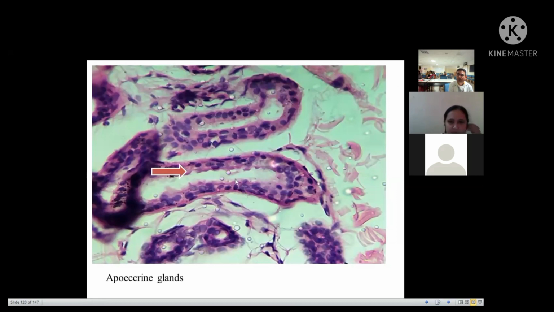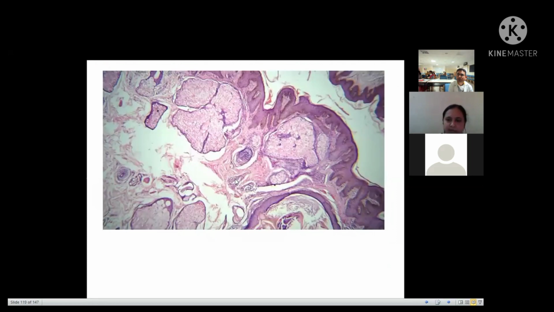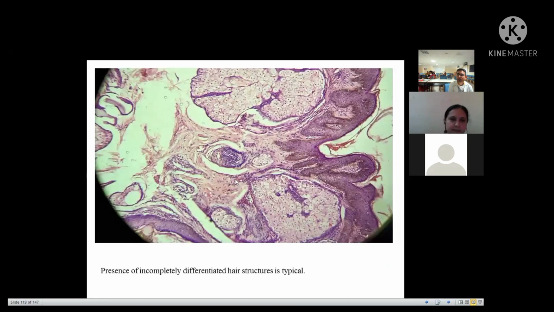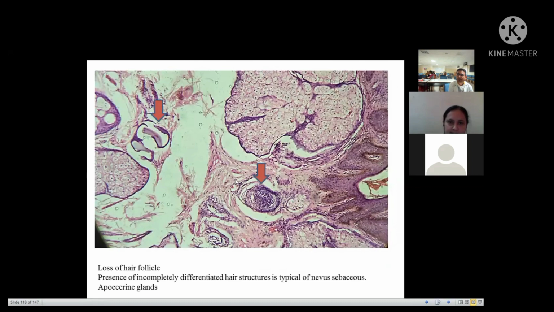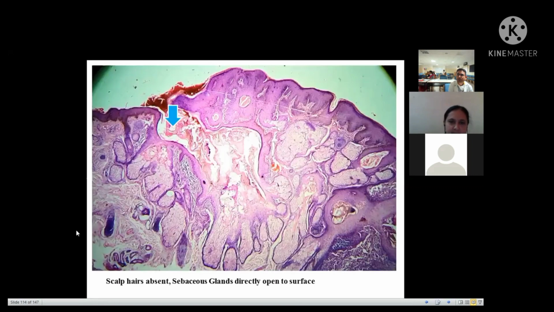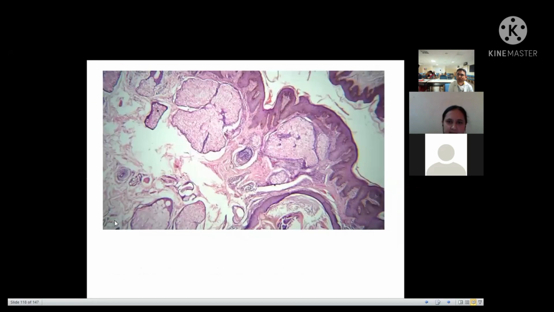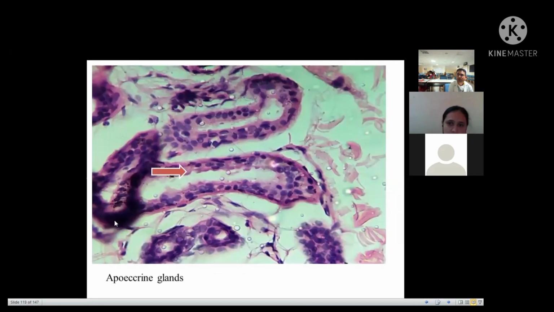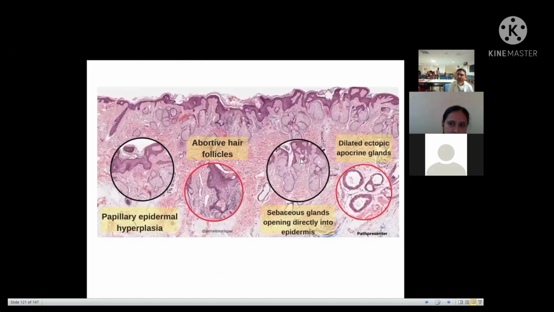Also, if we carefully observe the whole lesion, mature hairs are absent. Only in the periphery can we see some hairs. So there is a loss of mature hairs, sebaceous hyperplasia, and epidermal changes, with sebaceous glands directly opening to the surface and dilated ectopic apocrine glands, because in the scalp we don't see this.